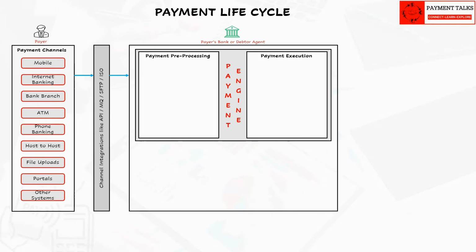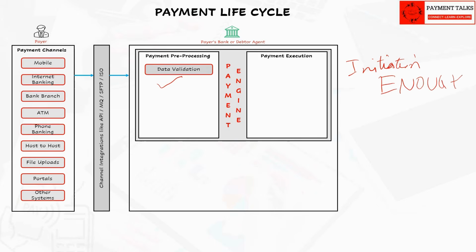One aspect is validation of the data that has come from the customer during the payment initiation. During initiation, the data validation checks mainly focus on whether the details are enough. But here the data validations check whether the details are correct.